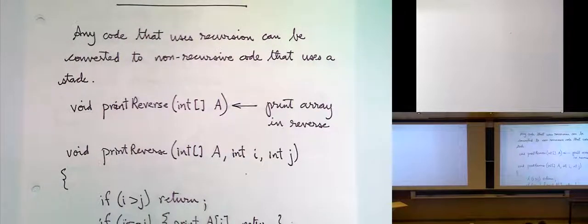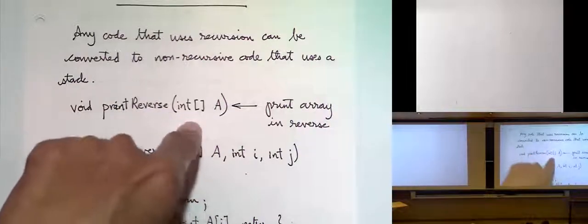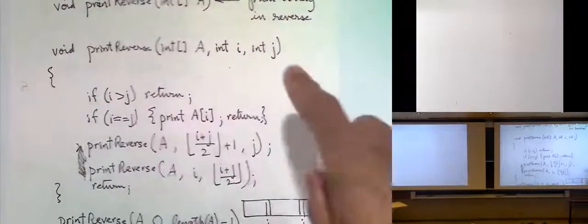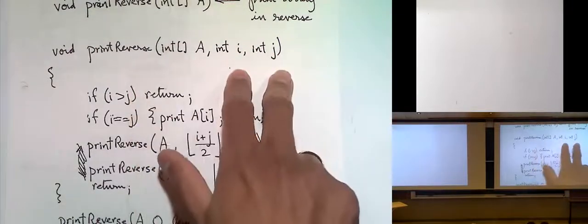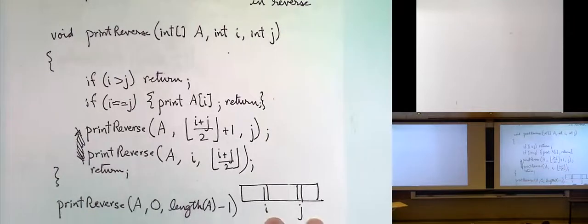Okay, so I have this function that I call print reverse that's going to print an array in reverse. That's what it does. Okay, so how does it work? Print reverse takes two indices, i and j, and it's going to print the portion in between i and j in reverse.